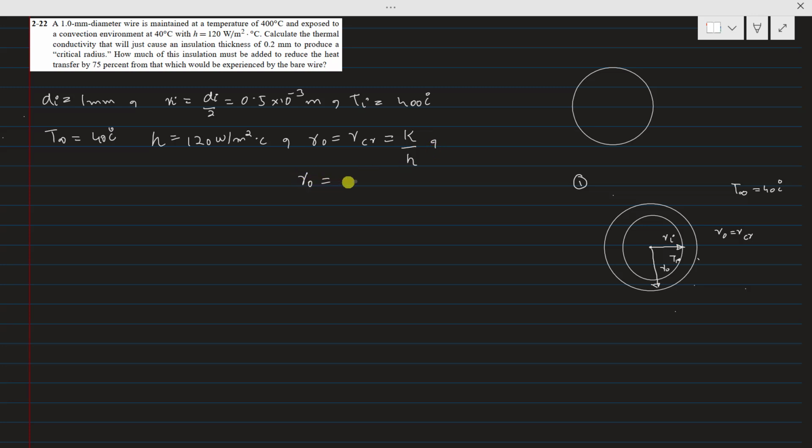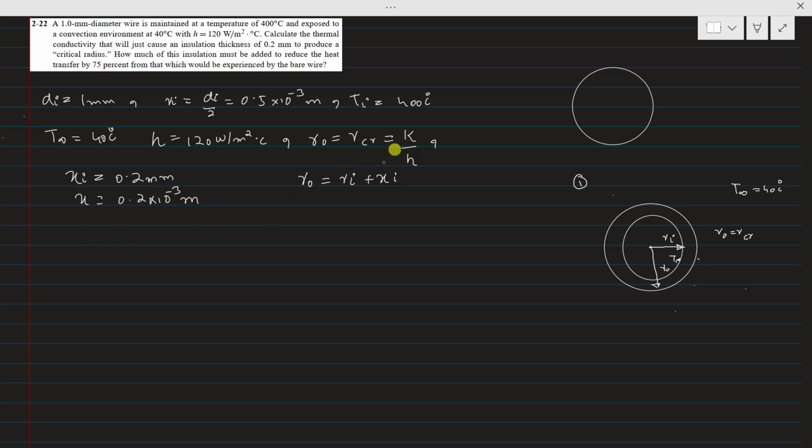R0 is equal to Ri plus the thickness of the insulation that is provided. The thickness of the insulation, Xi, is 0.2 millimeter. To convert into standard form, that becomes 0.2 multiplied by 10 to the power minus 3 meter.